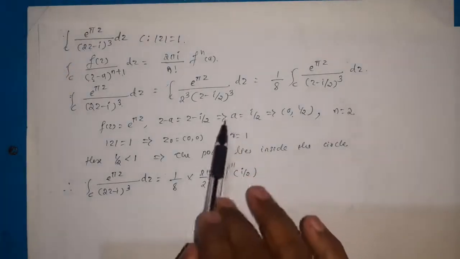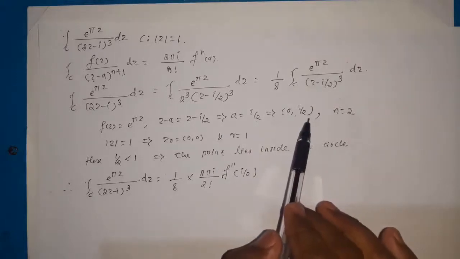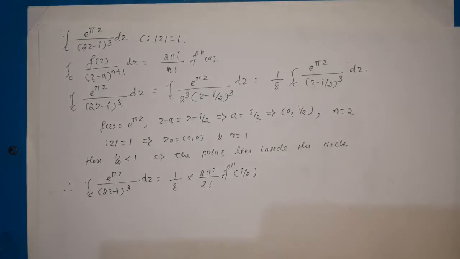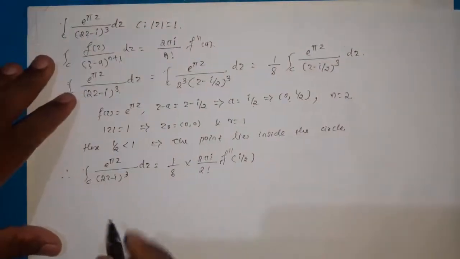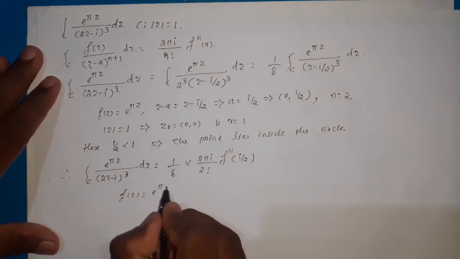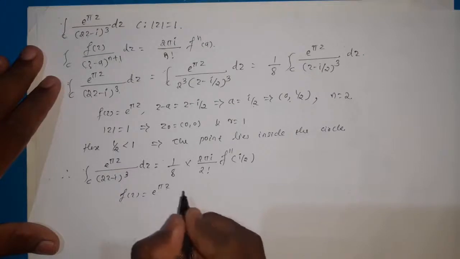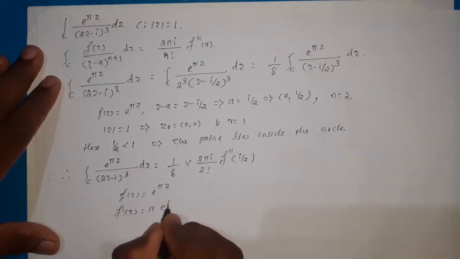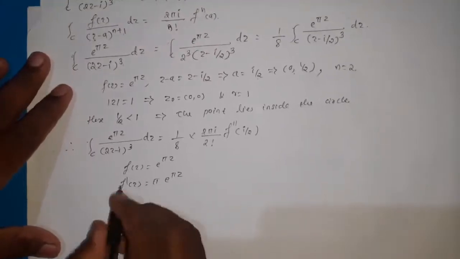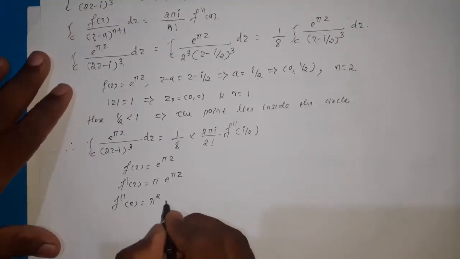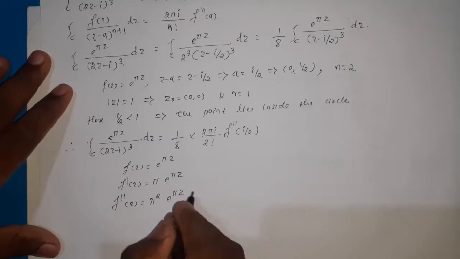We should consider a is equal to i by 2, not 1 by 2, because this is the ordered pair, that is the Cartesian form of that point. Then here f of z equal to e power pi z, f dash of z equal to pi into e power pi z, and f double dash of z equal to pi square e power pi z.